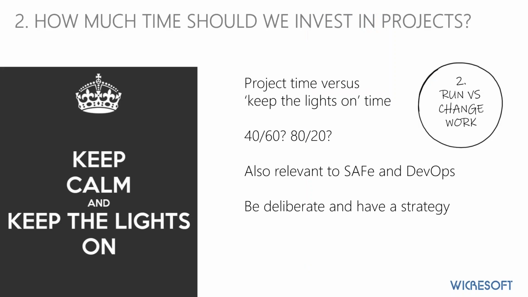Okay, second here is how much time should we invest in projects versus keep the lights on. Now, I've seen a lot of different ratios here. I would say that 80-20 is pretty common, 80 operations and 20 projects.